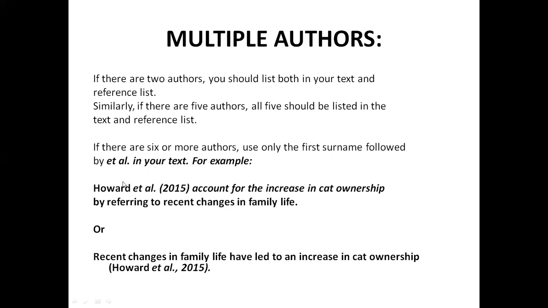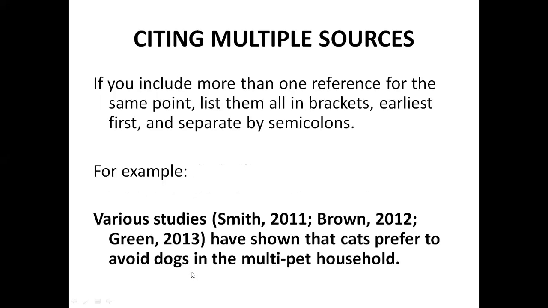So if you're starting with the name of the author to build in a sentence, the year must be in brackets. Only the year is going to be in brackets. But if it's at the end, then it's both the name and the year in brackets.